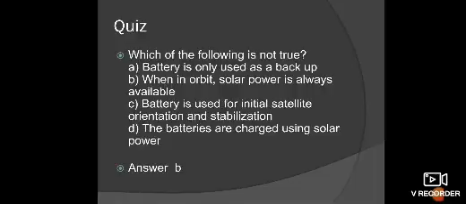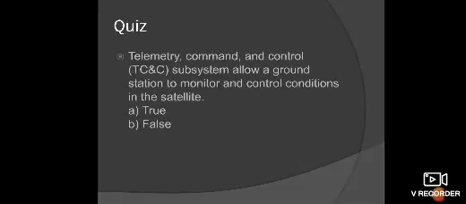So it is not a true statement, it is a false statement. Why? Because solar power is not available always. The solar panels are charged in the daytime, and that charged energy can be utilized in our night time. So for that reason it is not a true statement.